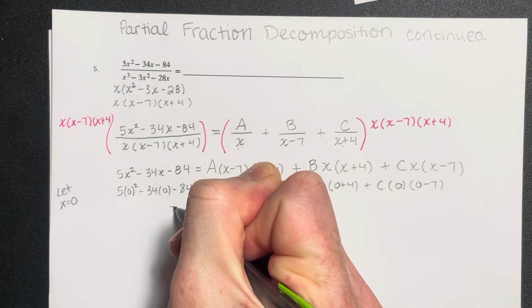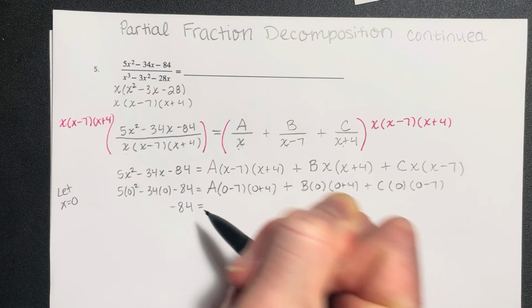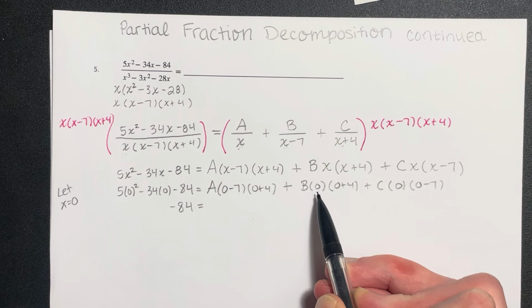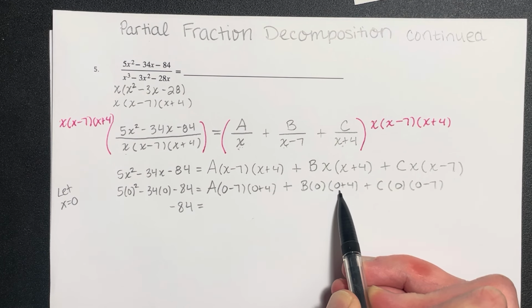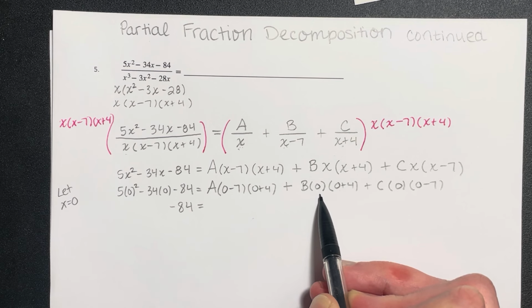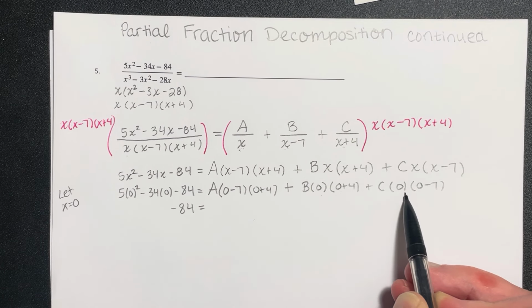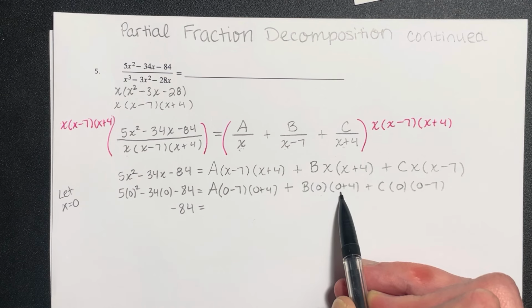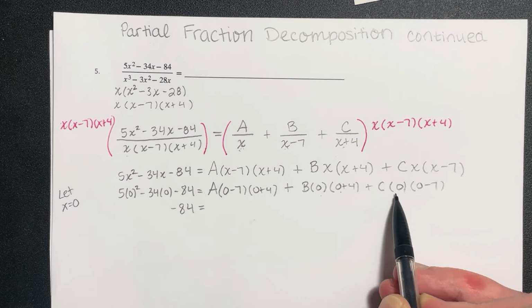Now on the left side, we're going to have negative 84 equals, and on the right side, you have b times 0, which is 0, and 0 times anything, 0 times 4 here, is still going to be 0. So the b's will disappear, but so will the c's. C times 0 is 0, so we're adding 0 from that b times 0, we're adding 0 from the c times 0.